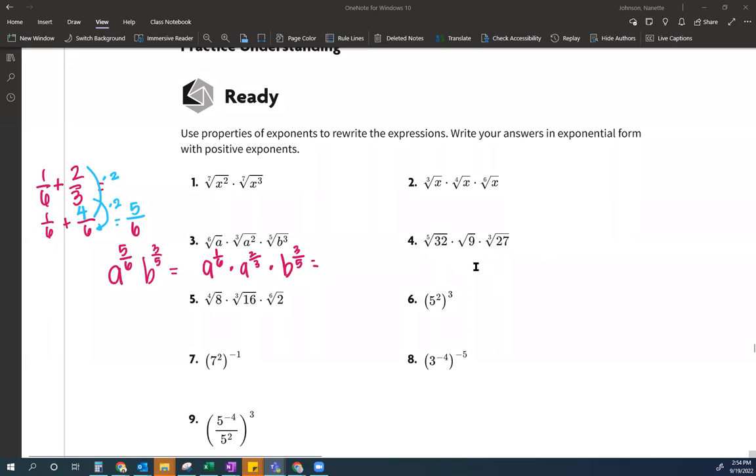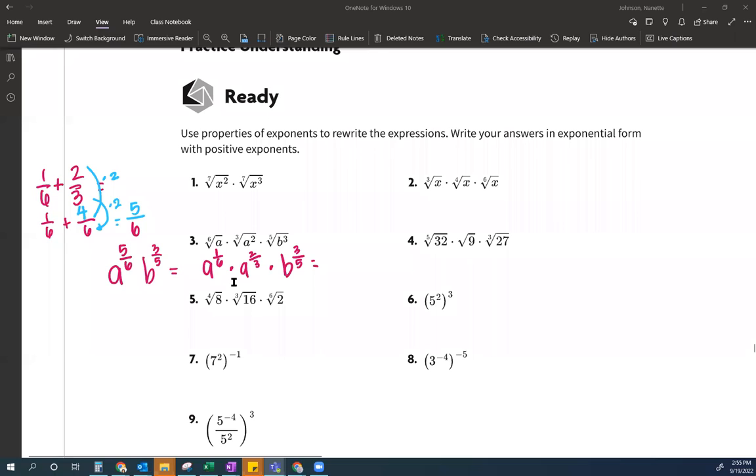Okay, so for this one over here, because our numbers are bases, we're going to try to get them in as many different ways as possible. And the thing that I want you to think about with this one, and number 5 is pretty interesting, so I'll make you do number 5 too, is when you have numbers that have the same base like this, you can combine exponents, so that's one base, one exponent.